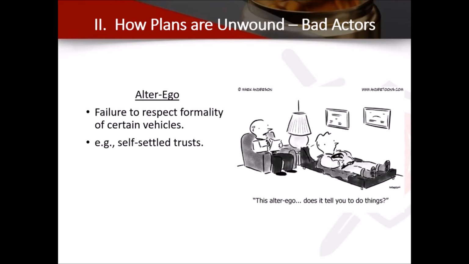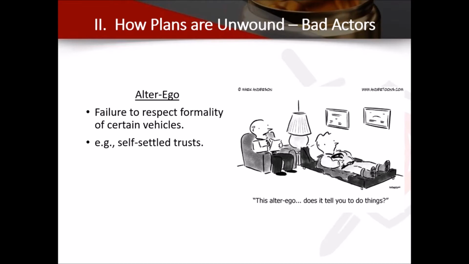Here's the first and old school way to reach through protective planning, what's called the alter ego. And that's why, CPAs, this is why you say, we're not going to run all your personal expenses through the entity. We're going to separate that. We're only going to use business expenses. We're only going to operate on business terms through the business entity.